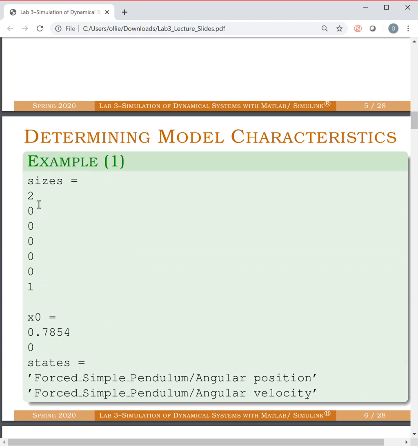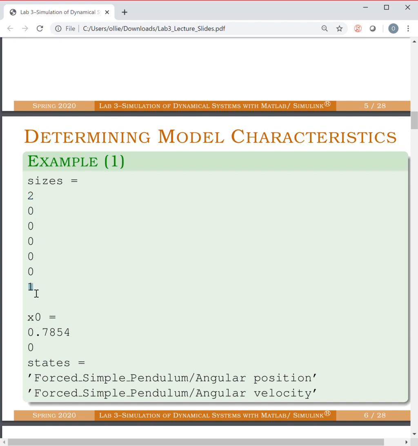here's our sizes array. So we have 2, 0, 0, 0, 0, and then a 1. As we said, the first index is the amount of states, and as we know, there's two states in a pendulum, right? It's just 1 degree of freedom, and the equation of motion's highest order derivative is 2, so we're going to have x and x dot as our states.